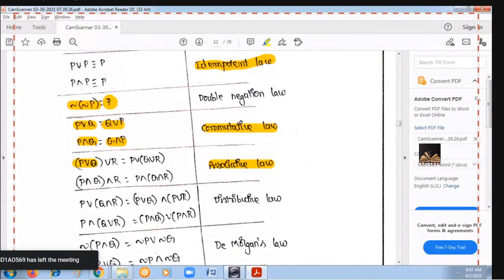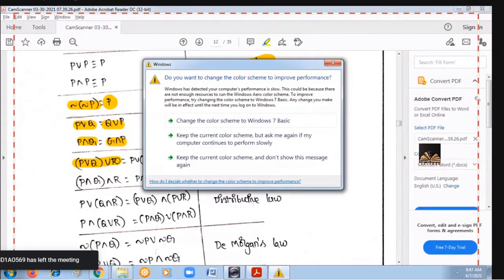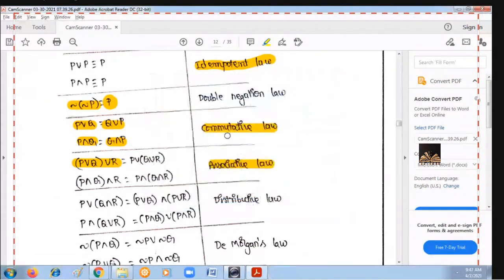P or Q or R can be equal to P or Q or R with different grouping. Similarly, for conjunction, P and Q and R can be written as P and Q and R with different grouping. These two are associative laws.